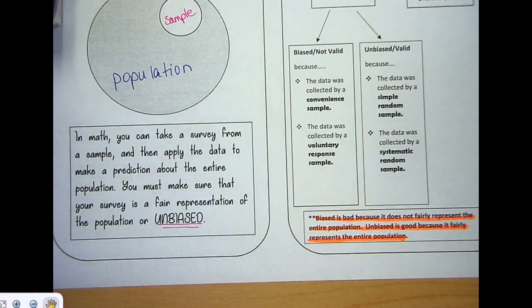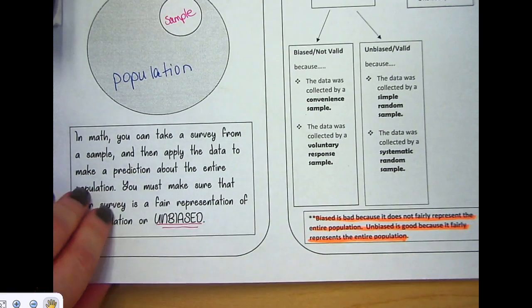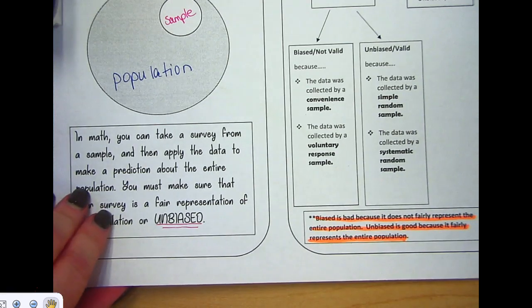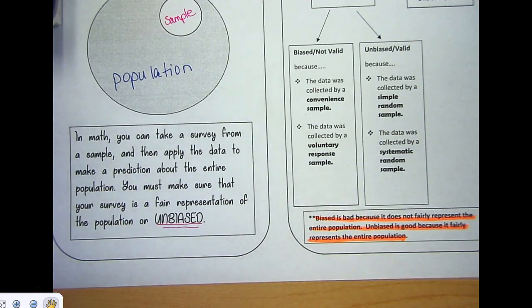You have to know that biased is not valid, unbiased is valid, that you can use and trust the data that you get. All right, put that one to the side.